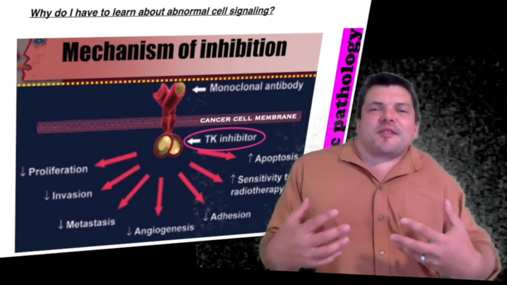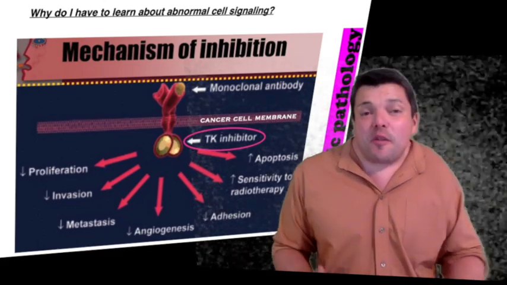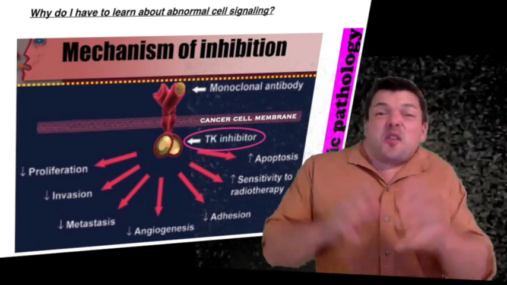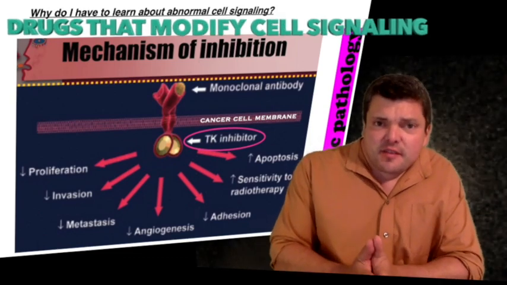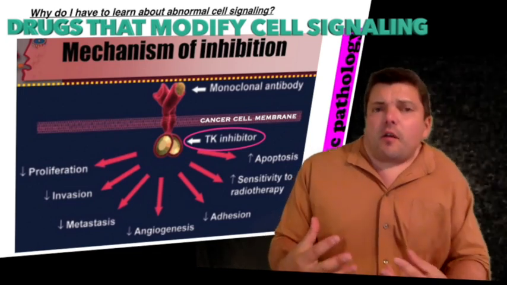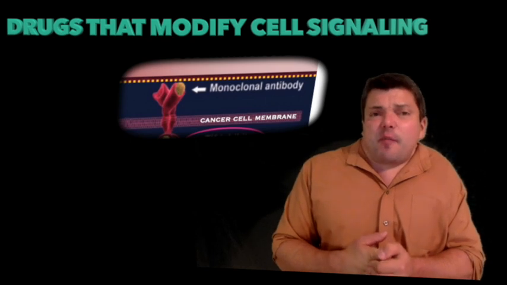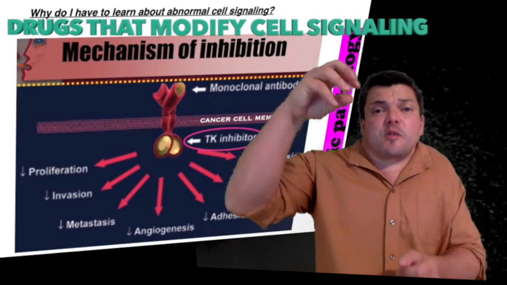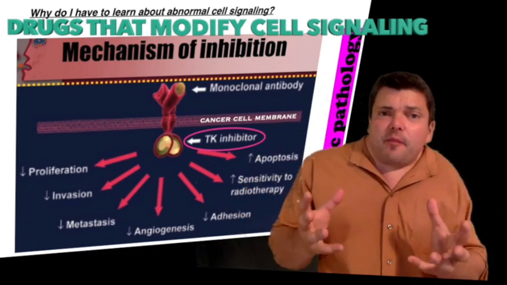When you're a nurse, you're giving drugs and you're responsible for knowing how those drugs work. In cancer, and actually now in other diseases as well, nurses are administering medications that modify cell signaling. One huge category is called monoclonal antibodies. And as the name implies, they're synthetic antibodies that go in and bind to a specific protein receptor on the outside of a cancer cell.